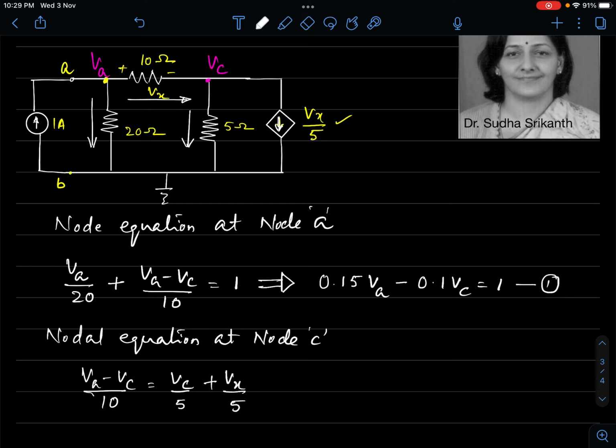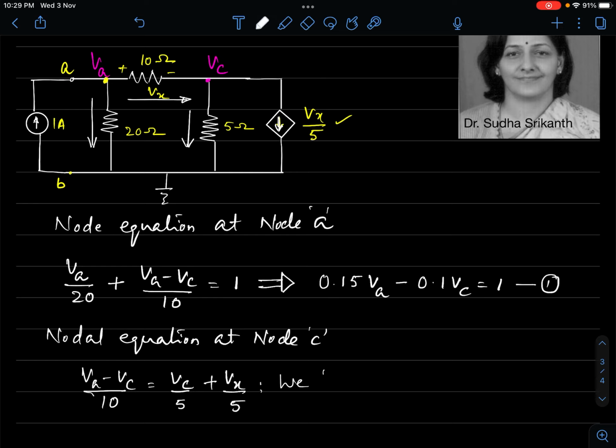How many unknowns are there with us? We don't know what VA is. We don't know what VC is. Additionally, we don't know what this Vx is. There is one more unknown. So we require one more equation. What is Vx equal to? Vx is the potential difference across the 10 ohm. It is simply VA minus VC. He has shown in the problem that this is at a higher potential, this is at a lower potential. So obviously VA minus VC is Vx. Okay, so we will try to substitute that.